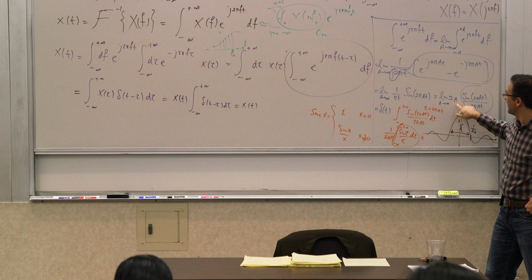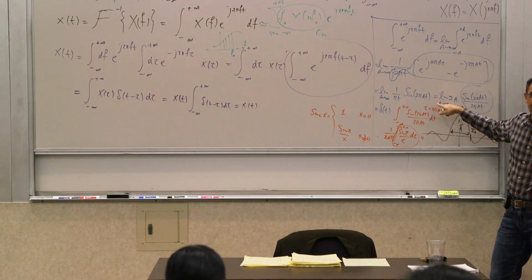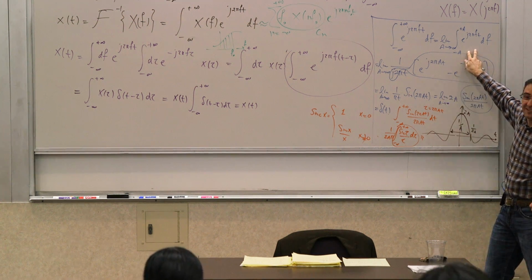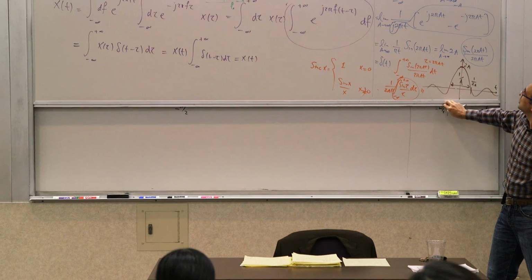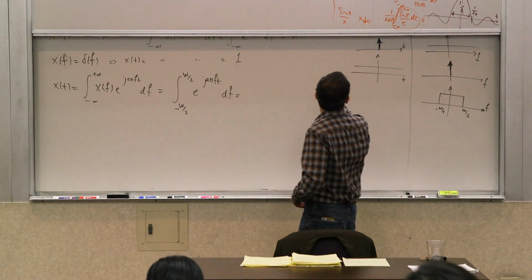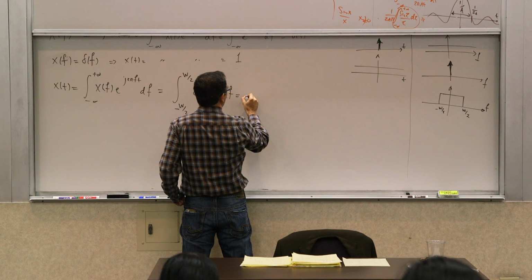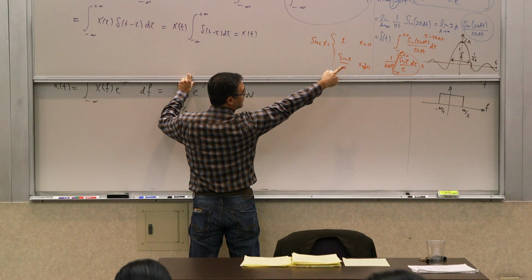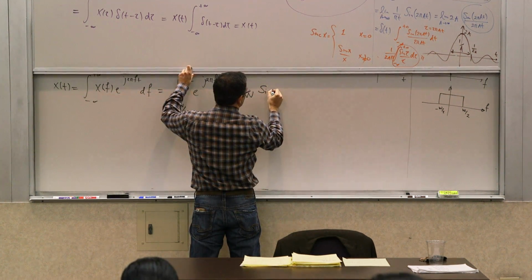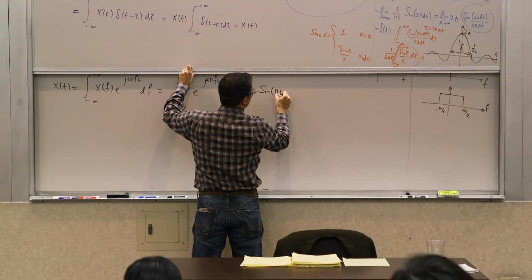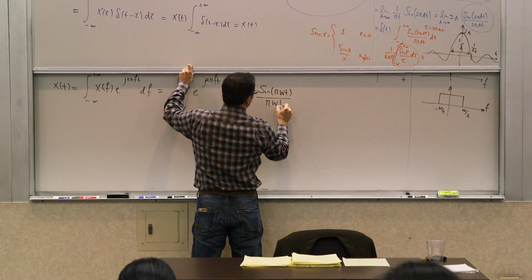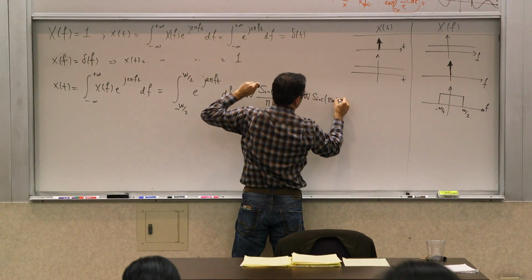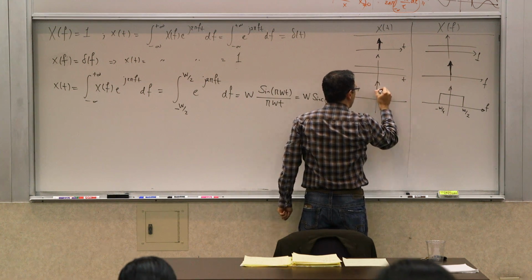Because when we did that for a, this is the same integral when a is not going to infinity, except for the fact that now a is w over 2. So it was 2a, so this becomes w. And then it becomes w sine of pi wt over pi wt, which you can write as w times sinc of pi wt.